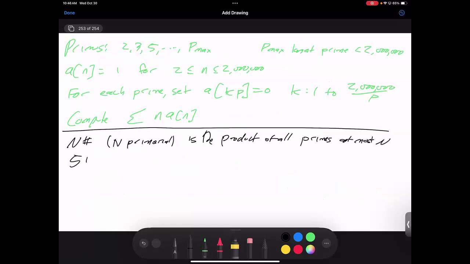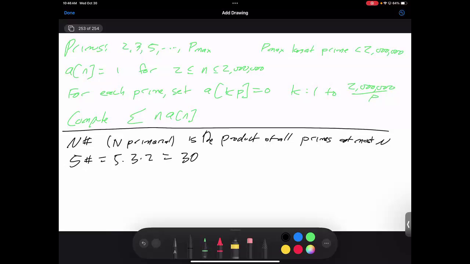So for instance, 5 primorial would be 5 times 3 times 2, which is 30. My grandpa likes asking people he meets for the first time if they can prove that there are an infinite number of primes. You can do it with n primorial plus, like, all known primes plus 1.